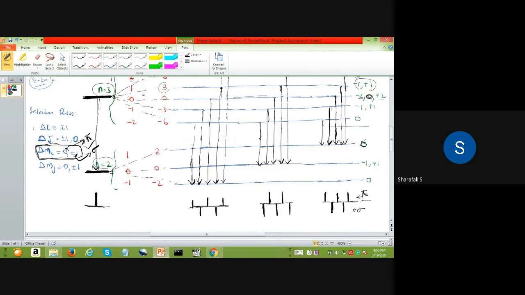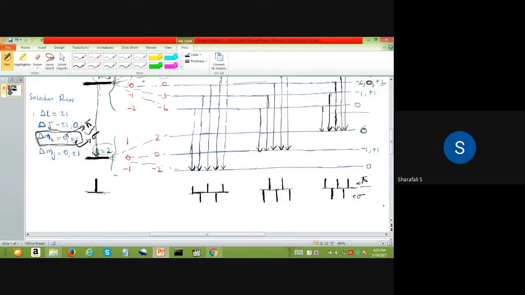So this is the strong field Stark effect, which in this case will split this single line into 15 lines. So here 3 into 5 will come, which is 15 lines. Total of 15 lines.